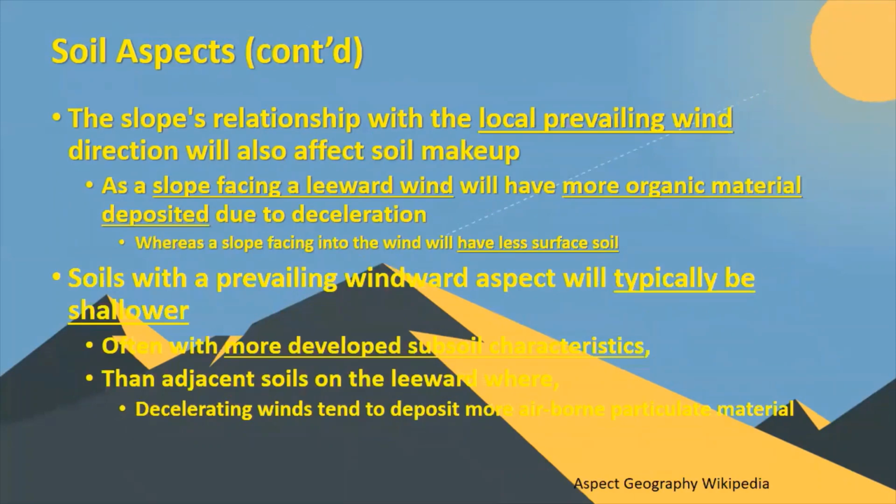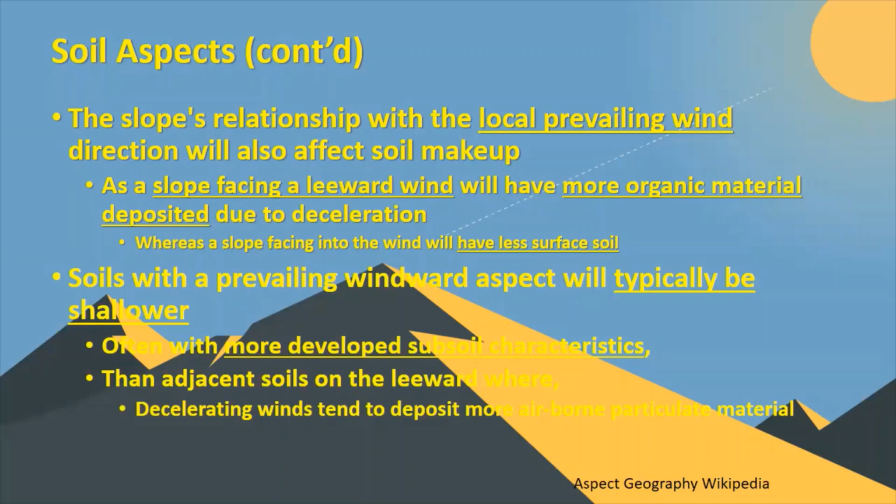The slope's relationship with the local prevailing wind will also affect the soil makeup. So a slope facing the leeward wind will have more organic material because it's been deposited. Just like the snow, if you're moving stuff in a high wind, like we had last night from downdrafts out of thunderstorms around here, you'll transfer material.